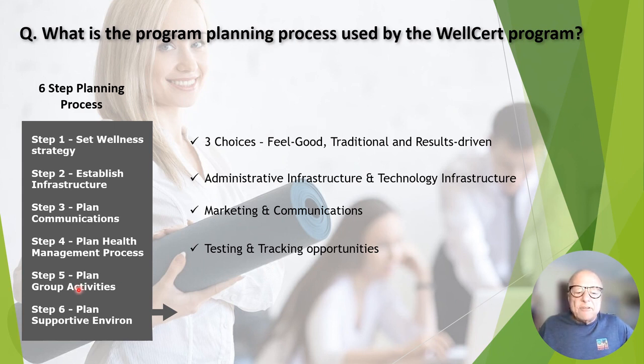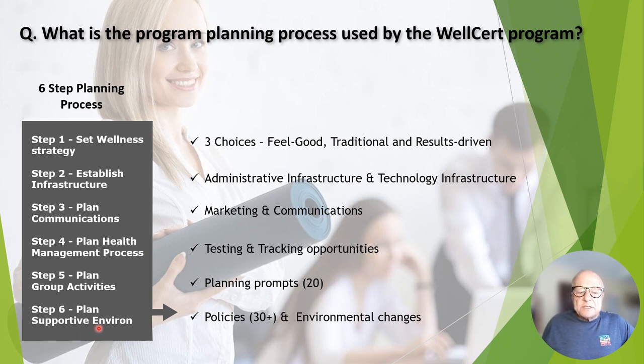Step 5 is planning group activities, and there are about 20 different points, we call them planning prompts, that help you design group activities that are much more effective and can in fact help people develop those long-term habits.